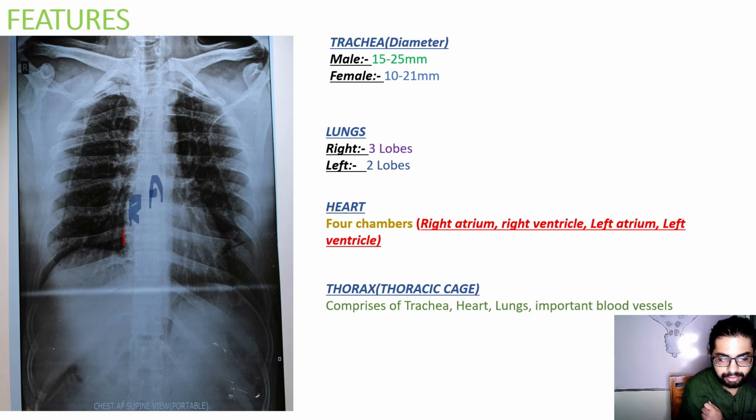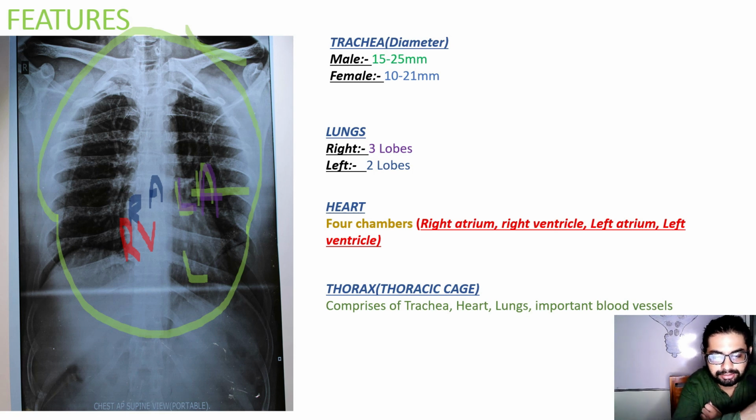This is right ventricle. This is left atrium. And this is left ventricle. And this complete thorax comprises of trachea, heart, lungs, and important blood vessels.